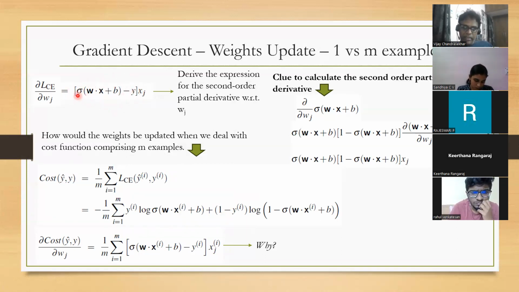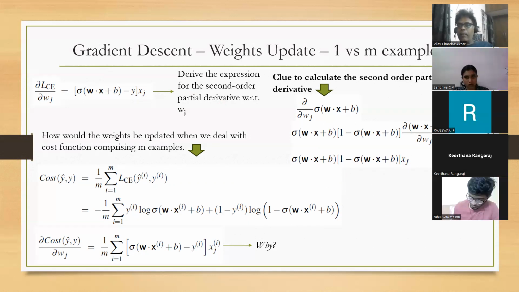We try to figure out the partial derivative of this, which is nothing but y hat into 1 minus y hat times xj. I already have another xj, so it is y hat into 1 minus y hat times xj squared. And that's what Kirtana said, right? Good job, Kirtana. That was perfect.